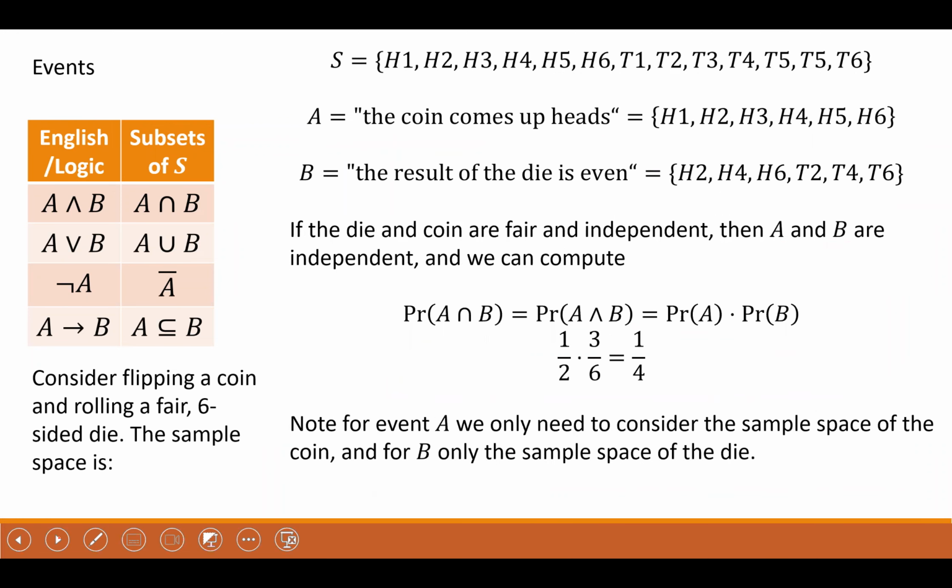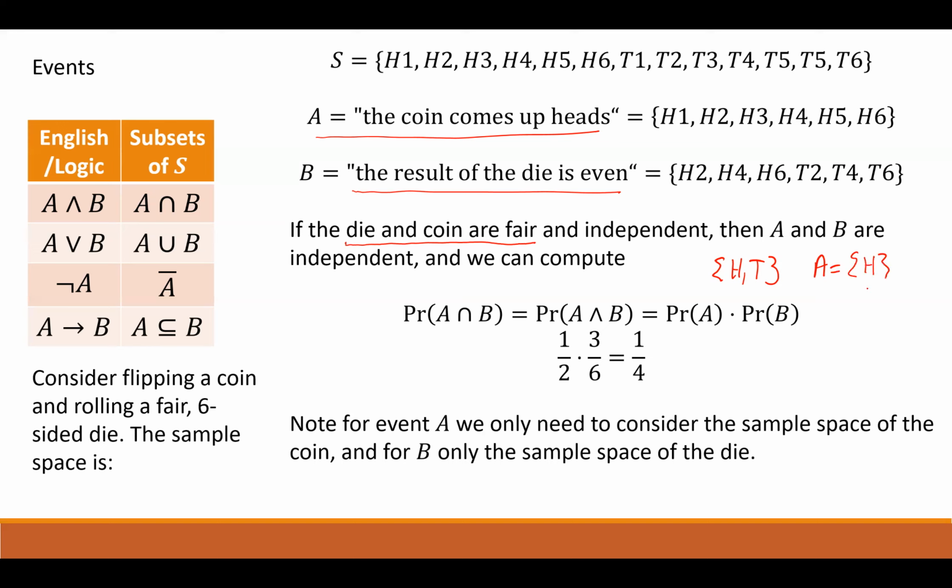So what I can do instead is take advantage of the fact that the die and the coin are fair and independent. This only depends on the flip of the coin, and this only depends on the roll of the die. So I'm just going to look at them in their own little sample spaces. The flip of the coin has a sample space of heads or tails, and A in this case is simply heads.